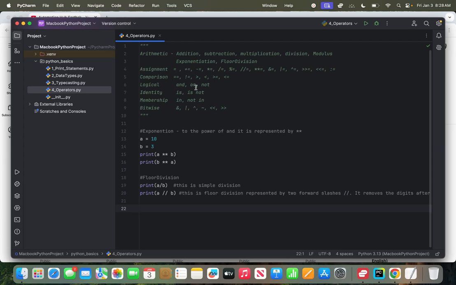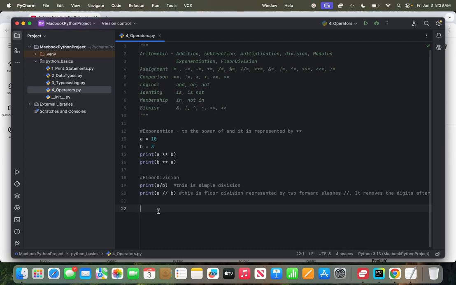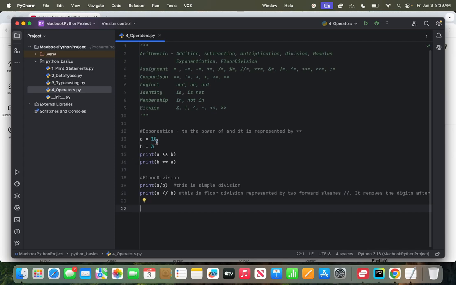Assignment operators are mostly, you can do whatever you want to do. Let's say I'll write here print. So A equals 10, B equals 3.